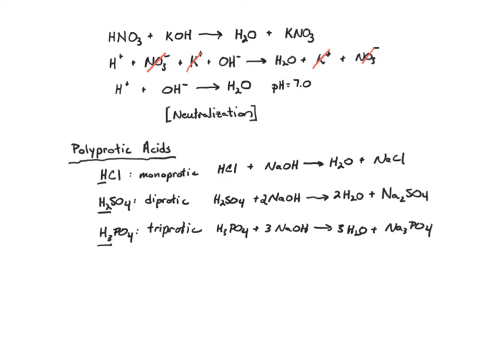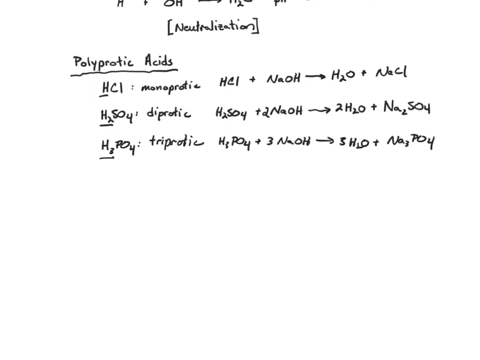Now, one thing that we have to be careful of is that we can't simply count the number of protons on a molecule and assume that every one of those is going to be acidic. A great example of this is acetic acid. This is the same stuff that's in vinegar.